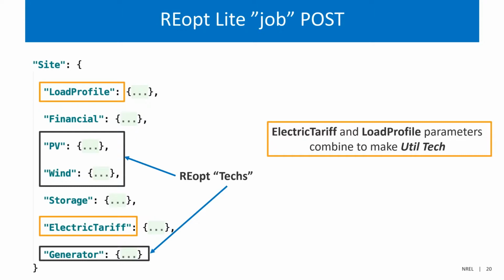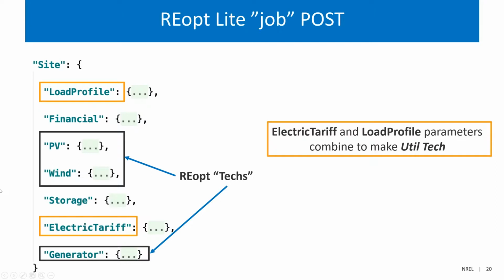Obviously, the electric tariff includes all the costs of buying electricity from the utility, but then the load profile input contains things like the outage start and end time steps, which determine when the utility is available or not to meet a load. So we have these 4 high-level techs: PV, wind, generator, and utility.